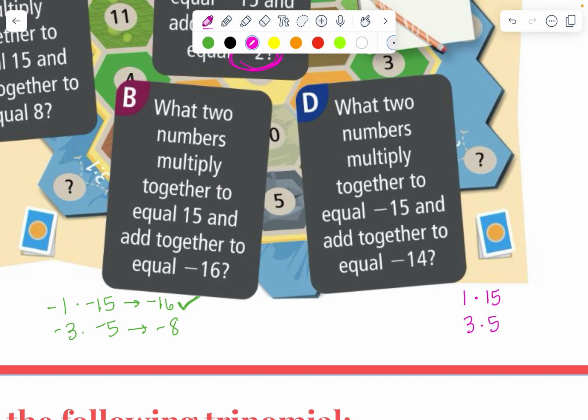We need to know which one of these are 14 apart. The distance between them is 14. That would be 1 and 15. So if you think about it now, we're kind of subtracting to get 14. And in order to get negative 14, that means we have 1 plus negative 15, which gives us negative 14. So our answers here are 1 and negative 15.